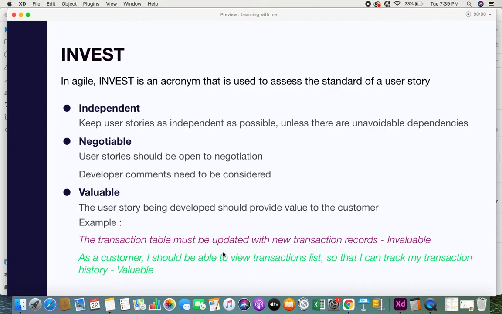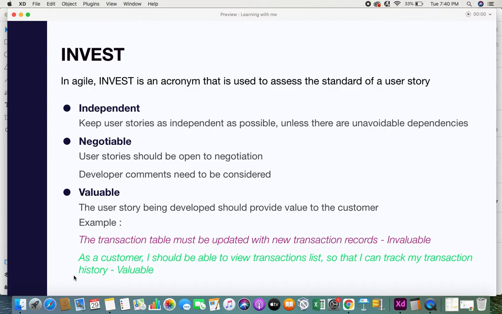If you look at this user story in detail, ultimately it does not provide any value to the end user. But if you rephrase it as: as a customer, I should be able to view my transactions list so that I can track my transaction history. Definitely a customer wants to view their transactions and history, which provides value to the customer. So that's a valuable user story.